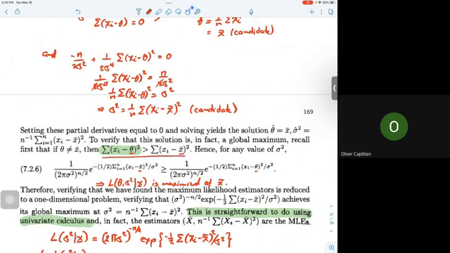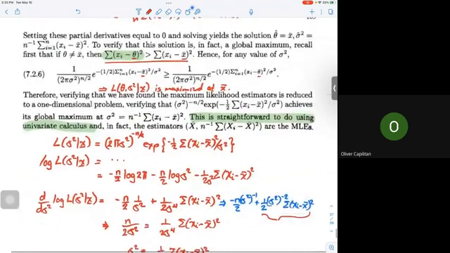Hindi tayo nag-apply ng derivative of the log likelihood function with respect to theta, and we do not apply also the second derivative with respect to theta.